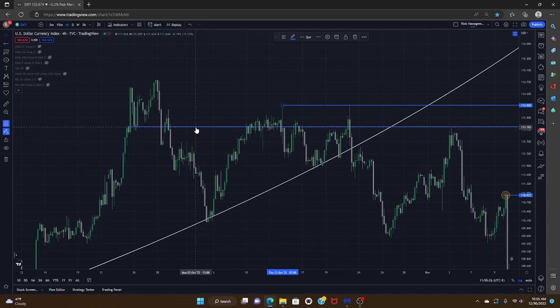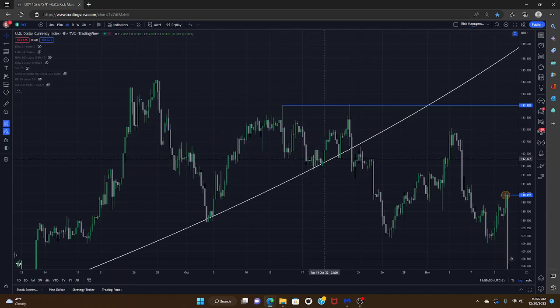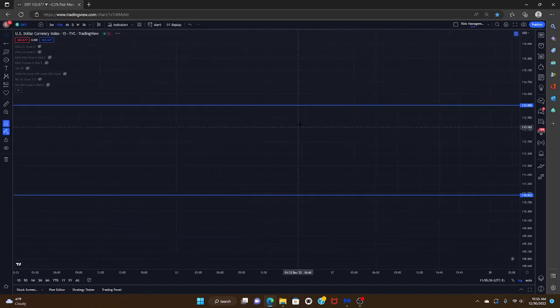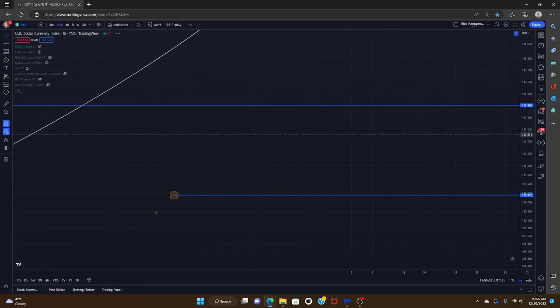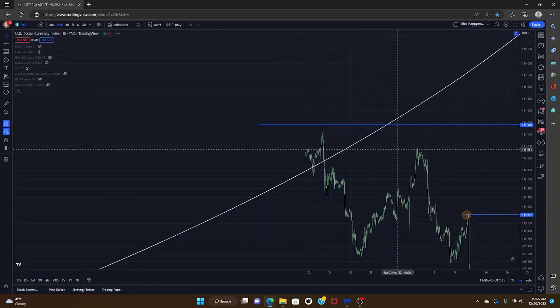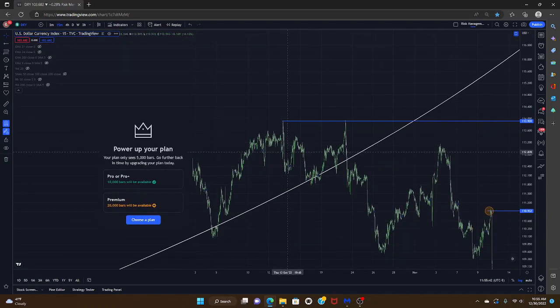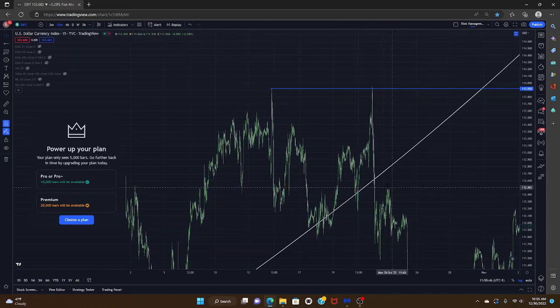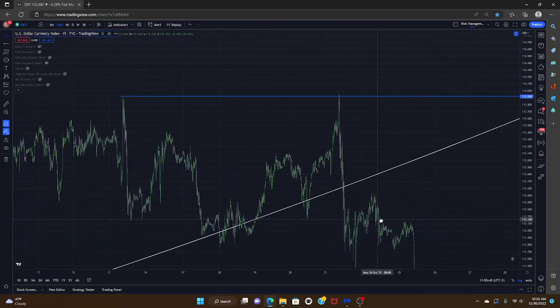Again, we'll move this off because this just represents the base of the apex right here. Now, I know this doesn't look inefficient on a 4-hour, but we need to go down to, say, a 15-minute chart to see. Again, this is the idea that something can look efficient on a higher time frame and be inefficient on a lower time frame.